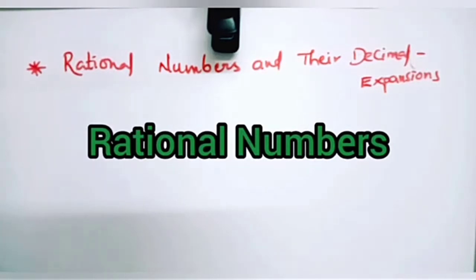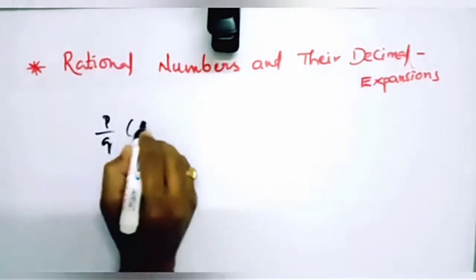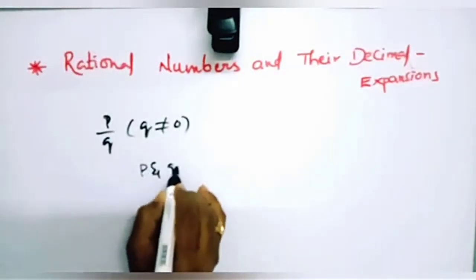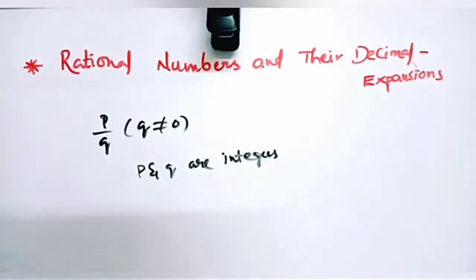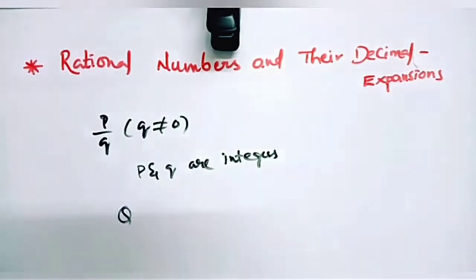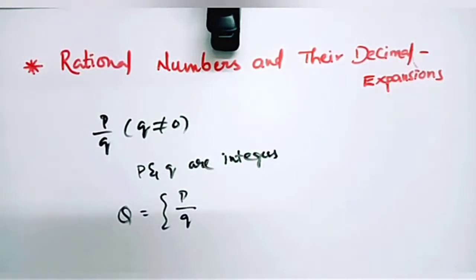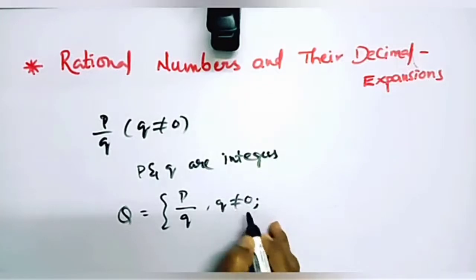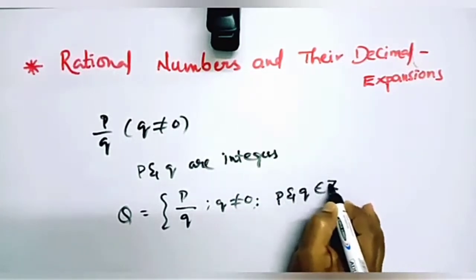Numbers which can be expressed in the form p by q, where q is not equal to 0 and p and q are integers, are called rational numbers, and the rational number set is represented by capital Q. The set contains the numbers in the form p by q, where q is not equal to 0 and p and q belong to integers.